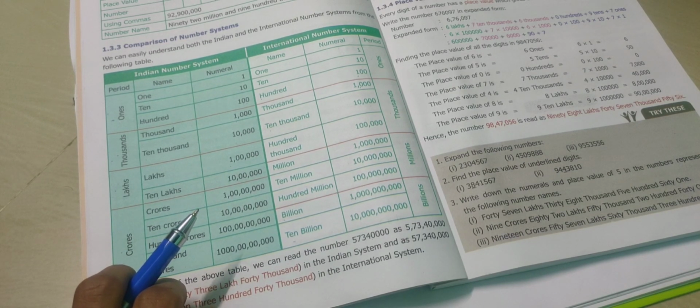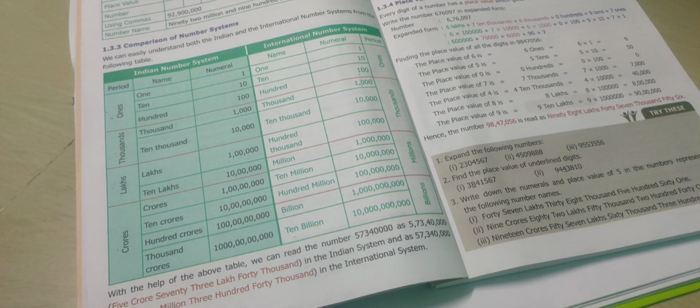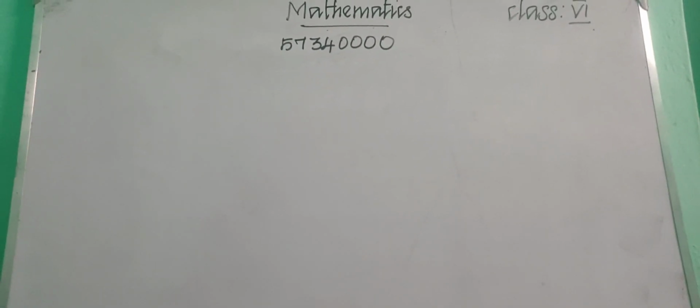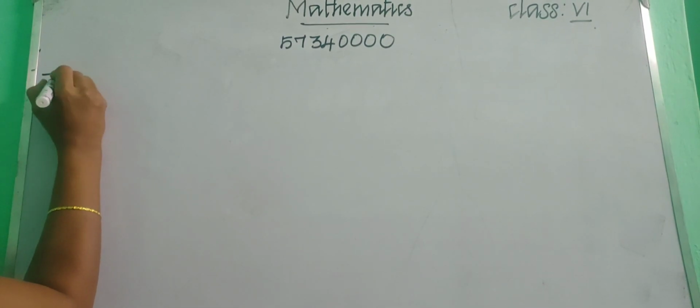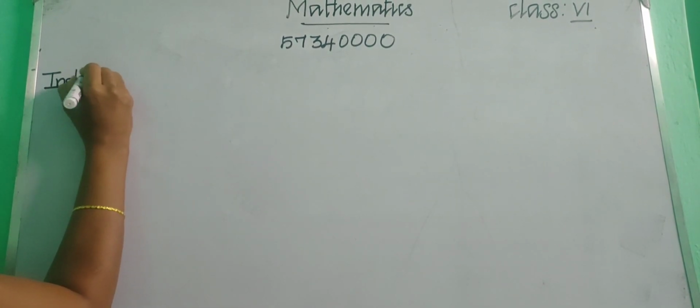Okay children, let us write the number name for a numeral. This is a numeral that was given in your book. First of all, we are going to write the number name in the Indian method.